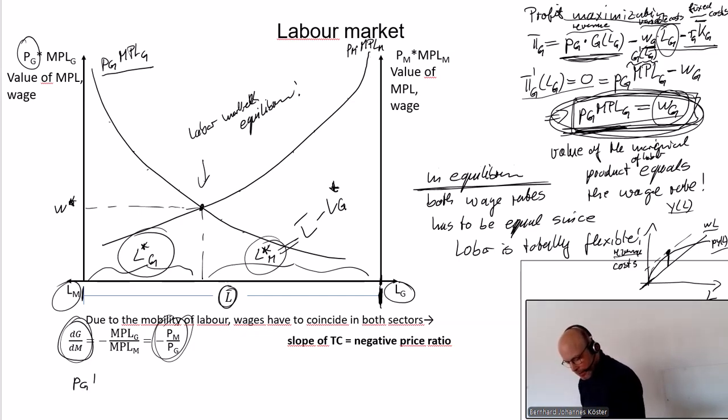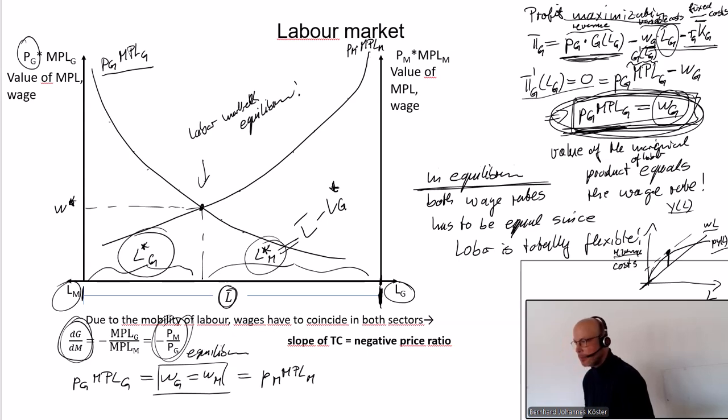So let's just write them down. This means PG times MPLG equals the wage within the agricultural sector, but this is the wage in equilibrium in the industrial sector, so PM times MPLM. So, and now dividing by PG and dividing by the marginal product, we just obtain PM over PG is MPLG over MPLM.